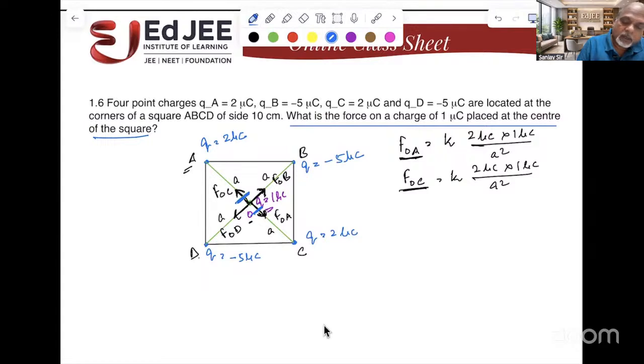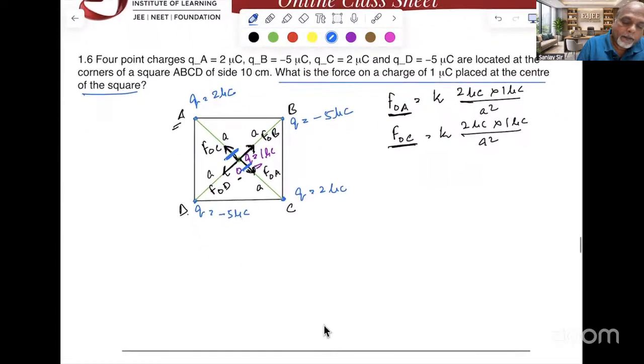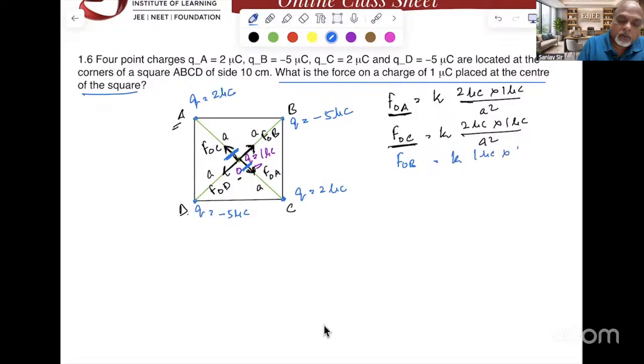FOB is K 1 microcoulomb into 5 microcoulomb upon A square, and FOD is 1 microcoulomb into 5 microcoulomb upon A square.